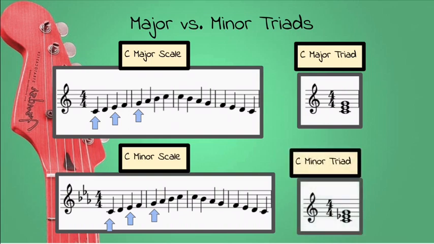Here is the C minor triad. I put the E flat in as an accidental for the sake of clarity. Here's what the C minor triad sounds like.